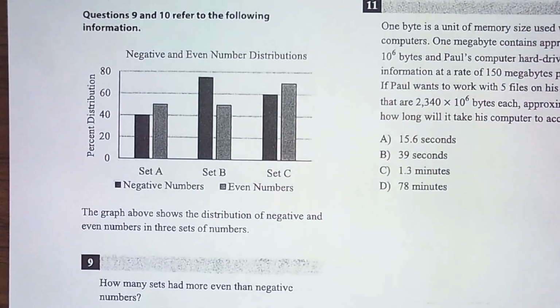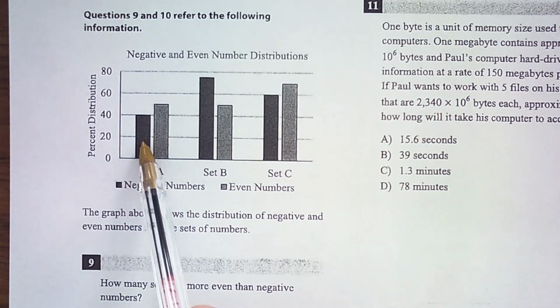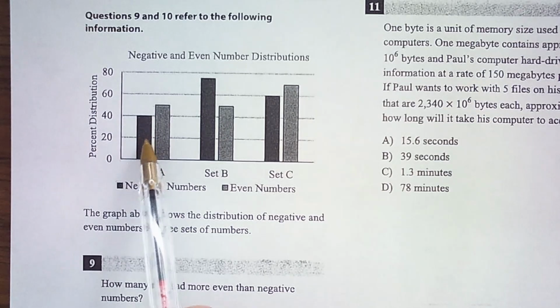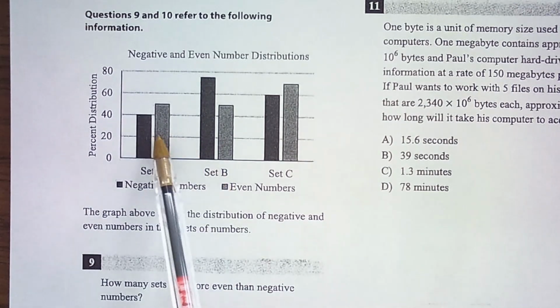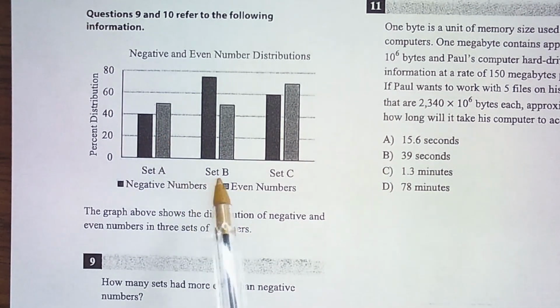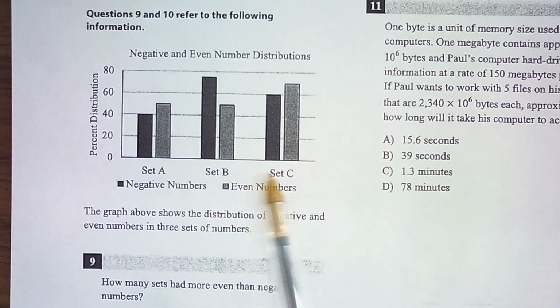Okay, so on number 9 and 10, we are going to use this chart. Now in this chart, we see the dark represents negative numbers, so the percent of a set that is negative, and the gray here represents the percent in that set that is even numbers.